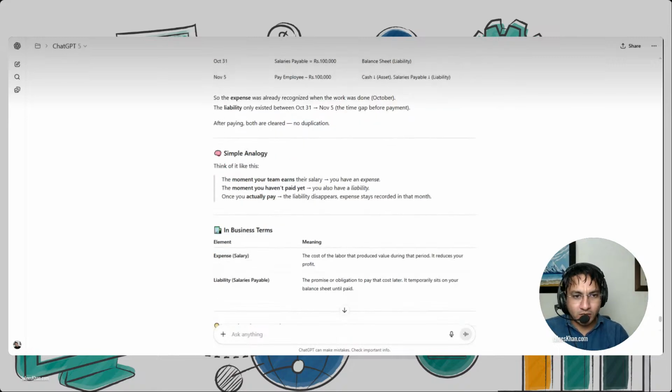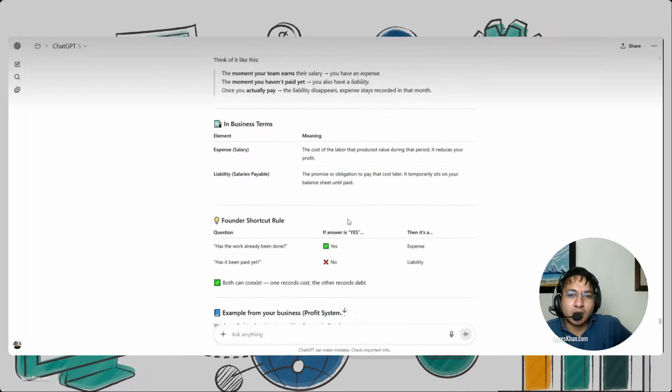Think of it like this: the moment your team earns their salary, you have an expense. The moment you haven't paid yet, you also have a liability. Once you actually pay, the liability clears, but the expense stays recorded.